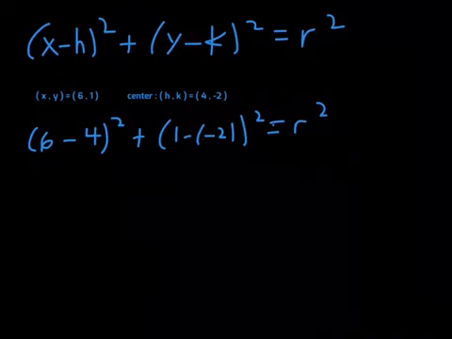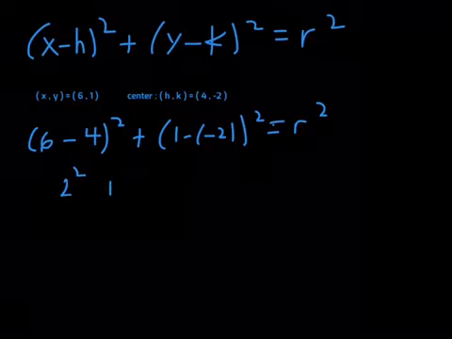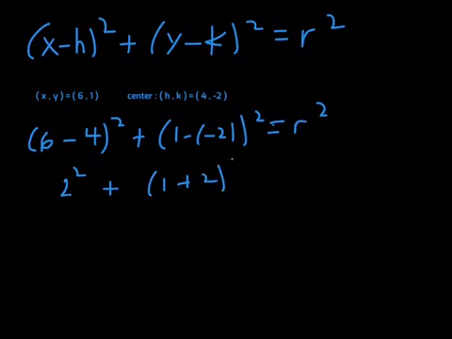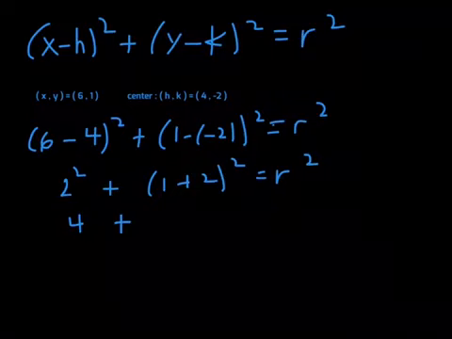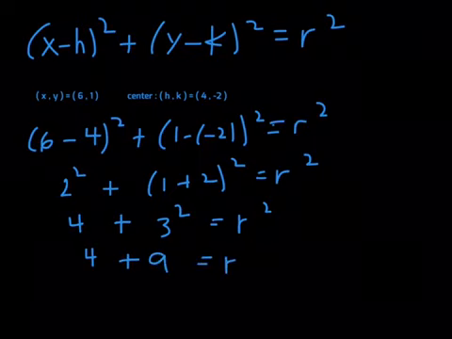All right, cool. Now let's solve for r squared. So then this is 2 squared plus 1 plus 2 squared is equal to r squared. So then this is 4 plus 3 squared is equal to r squared. 4 plus 9 is equal to r squared.